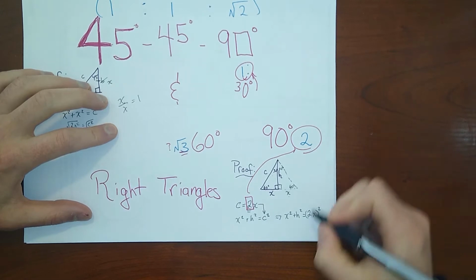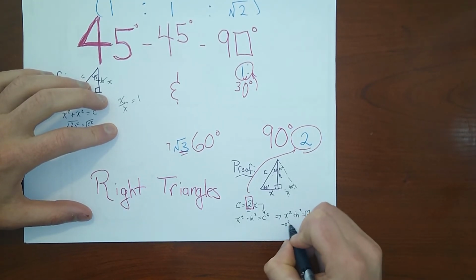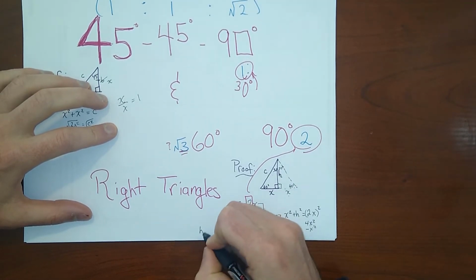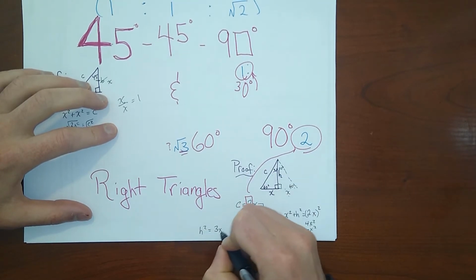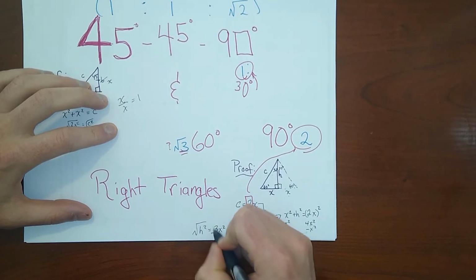And when we square 2x, we get 4x squared. And if I subtract the x squared from both sides, then I'm left with h squared equals 3x squared.